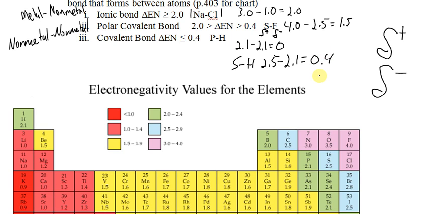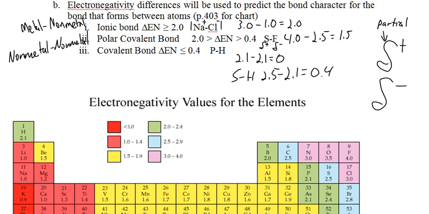Both of those would be considered covalent bonds, at which point we wouldn't need any partial positive or partial negative, as that's what that symbol stands for, partial, as opposed to in the case of Na plus and Cl minus, where we would have a full plus and a full minus, because those are going to be full ions. The sodium will have transferred one electron over to the chlorine atom, making a chloride ion. So that's pretty much the use of electronegativity values to determine bond character.